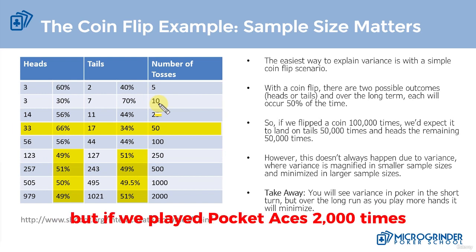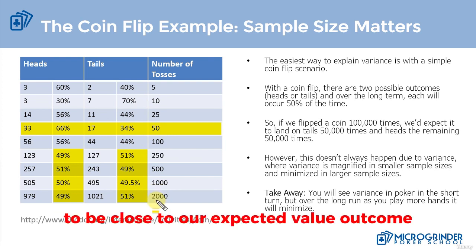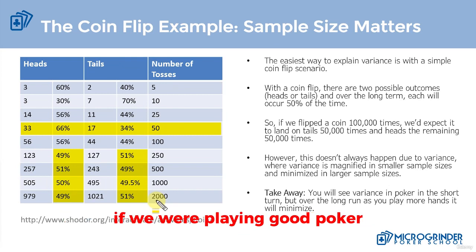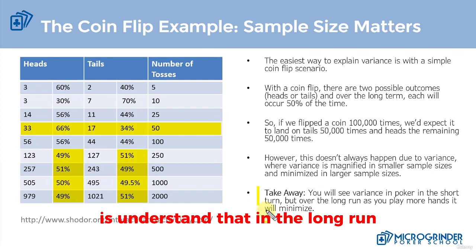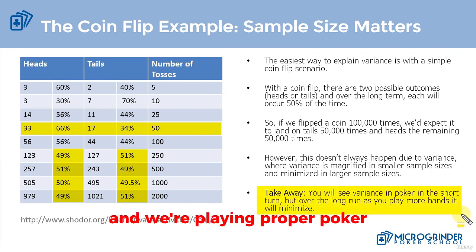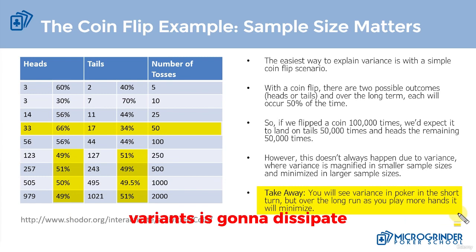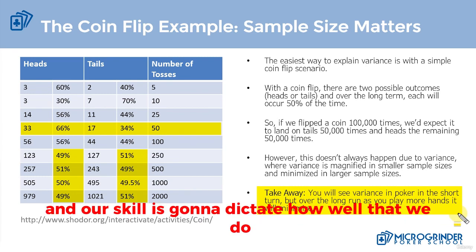But if we played pocket aces 2,000 times, then we would expect it to be close to our expected value outcome if we were playing good poker. So that's the biggest takeaway: in the long run, if we're playing proper poker and making profitable decisions, variance is going to dissipate and our skill is going to dictate how well we do.